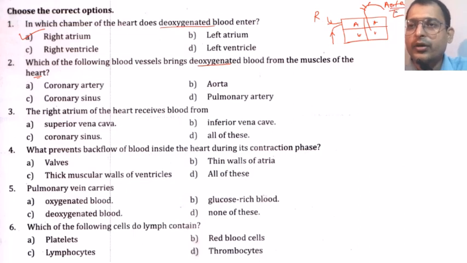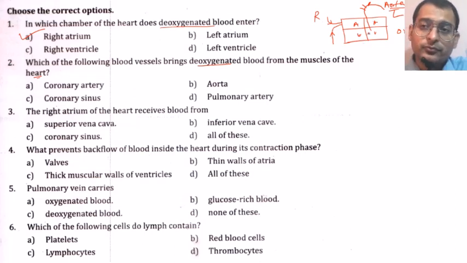This aorta will carry the oxygenated blood from the left ventricle to the different parts of the body. From this aorta, one of the branches will supply the oxygenated blood to the heart itself, the muscles of the heart.